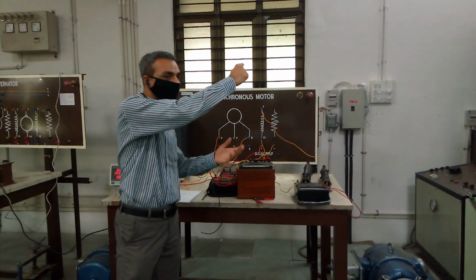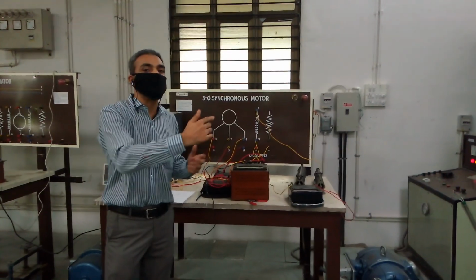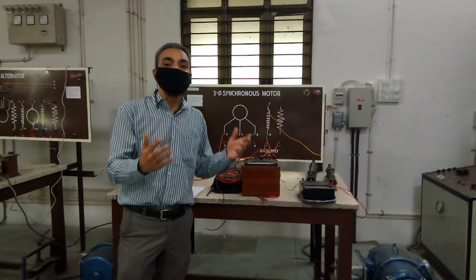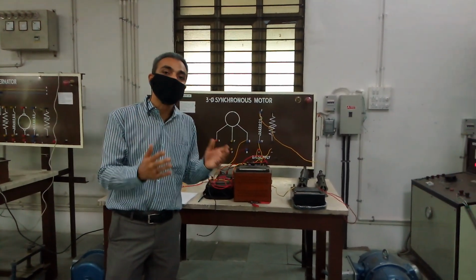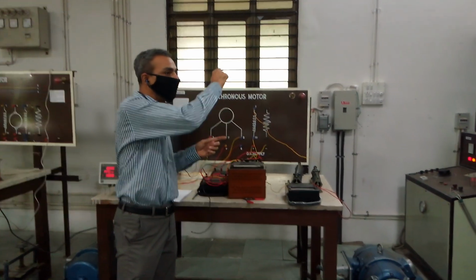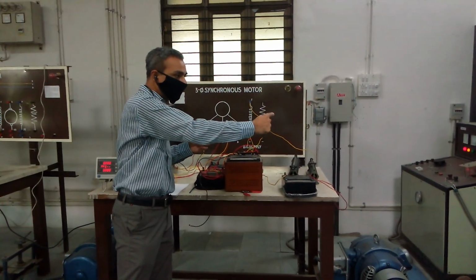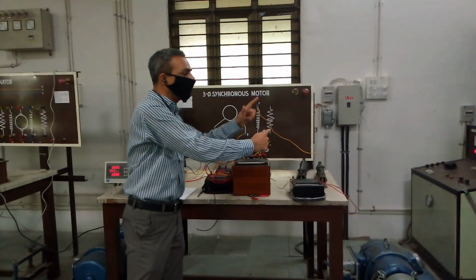Again, if you go on increasing the excitation, then it goes into the overexcitation mode, where E becomes more than V, right? So the power factor becomes leading, and again it becomes poor, and hence the current starts increasing.